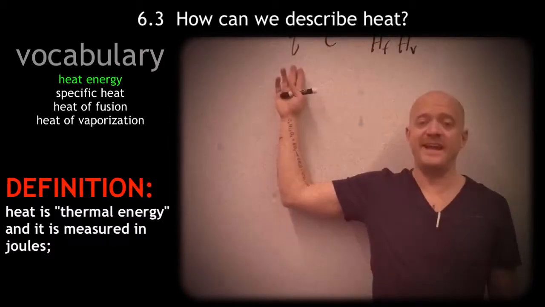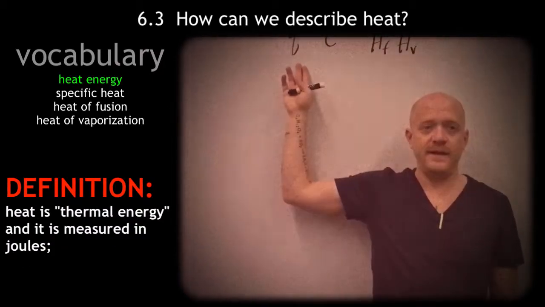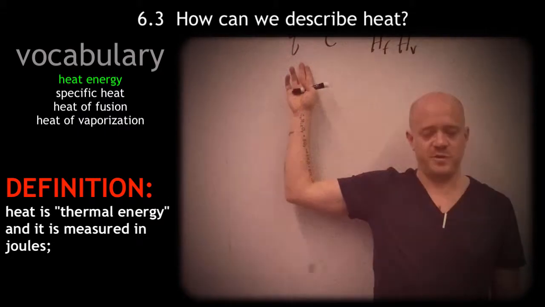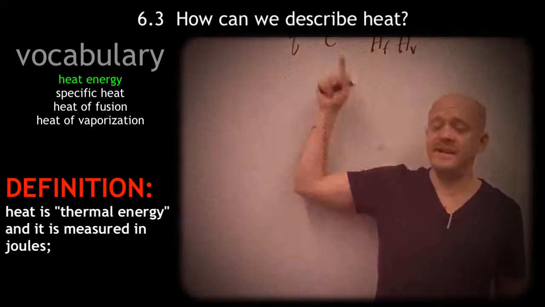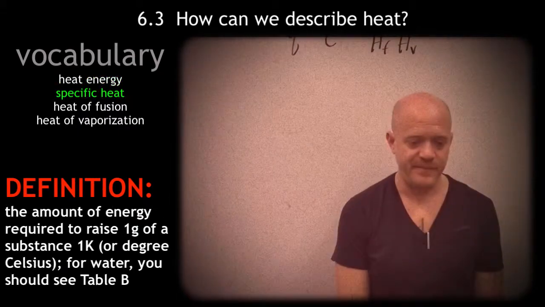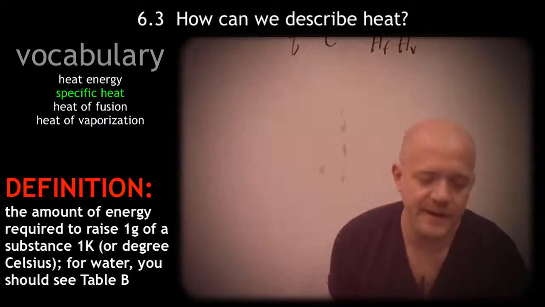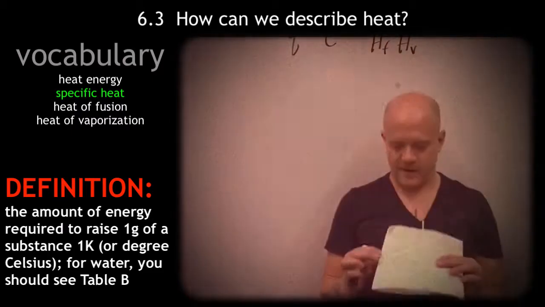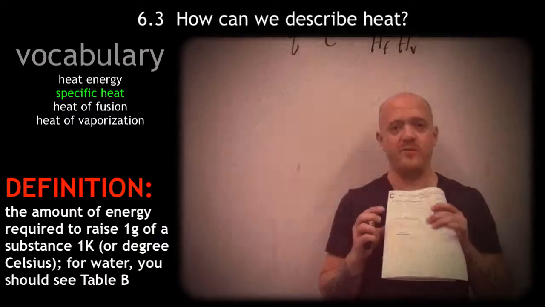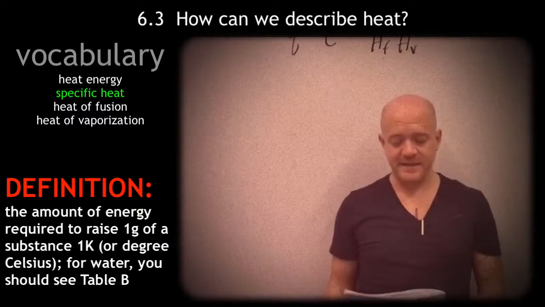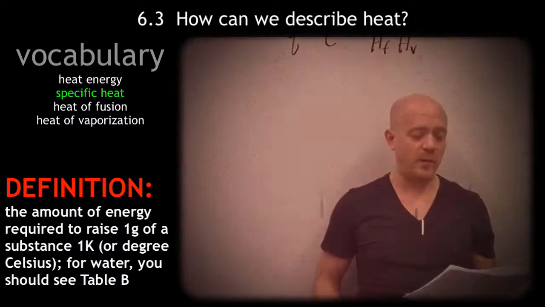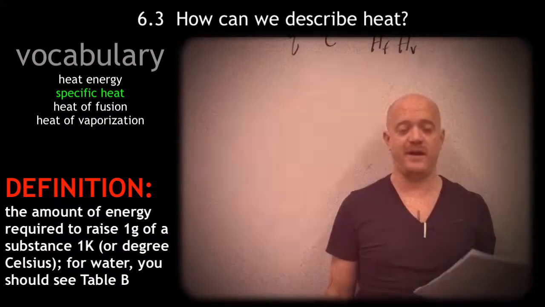Q means heat energy, it's enthalpy. It's measured in joules. C is specific heat. The specific heat capacity for water and other constants for water are found in table B. The specific heat capacity for water is 4.18 joules per gram degree Kelvin.